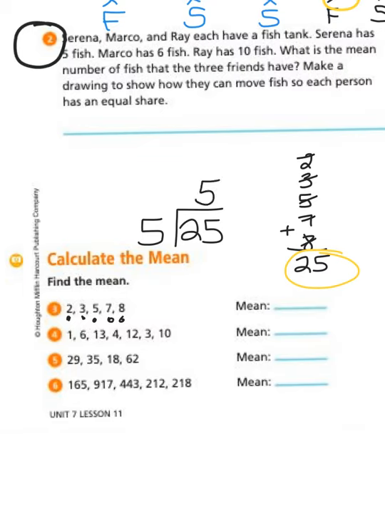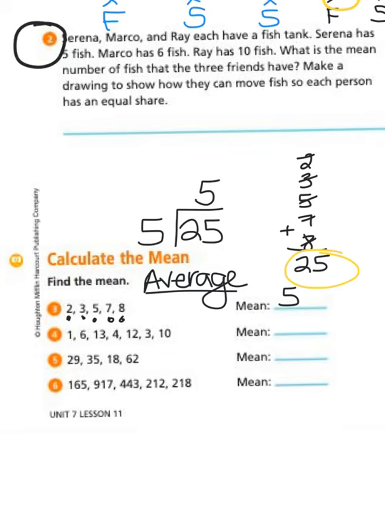And so the answer for the mean is 5. All you're doing is finding, remember, another word for mean is average. You're finding the average, and that's probably the word your parents use. So if you're struggling with it at home, say to mom and dad, can you help me find the mean or average of this set of data? And they should be able to help you with that.